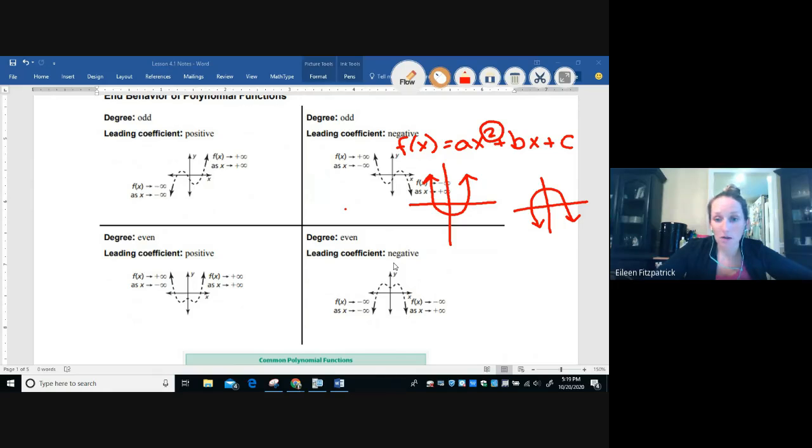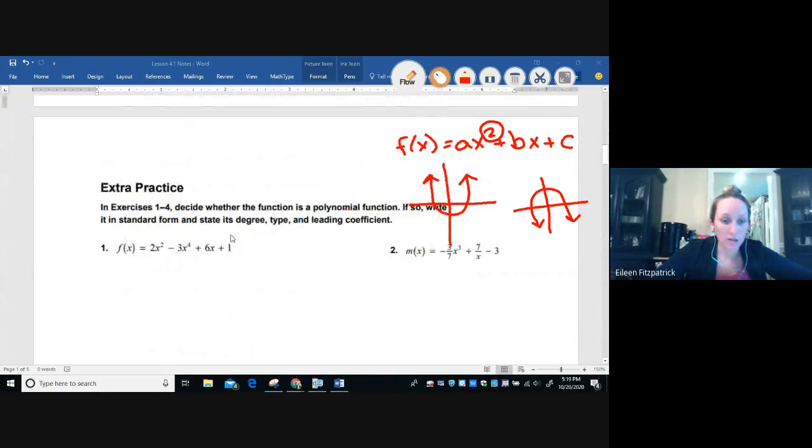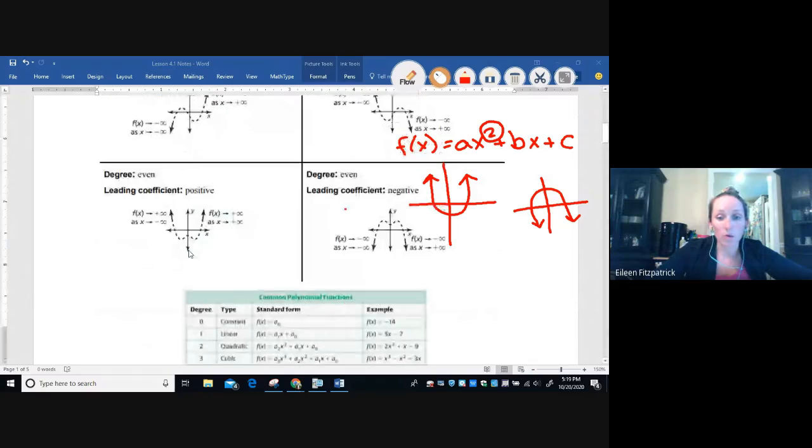So it actually models the shape of our parabolas. Notice this polynomial function, both ends are going up, and this polynomial function, both ends are going down. So when we, in a moment, look at other polynomial functions, like for example this one, the highest degree is 4. So I would say the degree of this polynomial is 4. And if it's an even number, it's going to look like one of these.